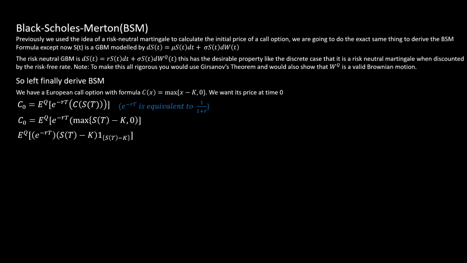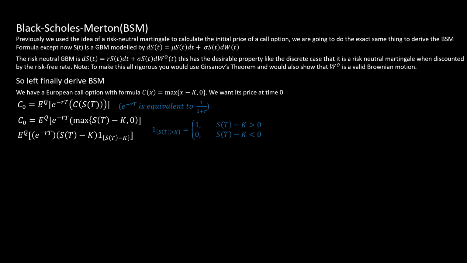Then we are going to change this max of S(T) minus K and 0 to an indicator function times S(T) minus K. Now, what this indicator function says is that if S(T) minus K is greater than 0, it will have a value of 1, and if S(T) minus K is less than 0, it will have a value of 0.